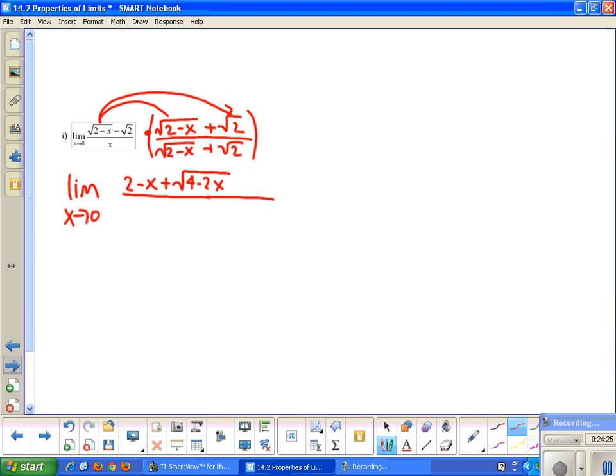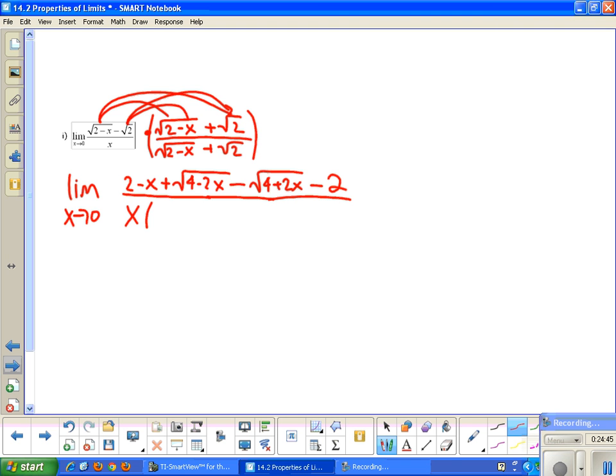Then this times this term would be minus the same thing, root of 4 plus 2x. And this term times this term would give me minus root 2 times root 2, which is just 2, because the radicals cancel out.